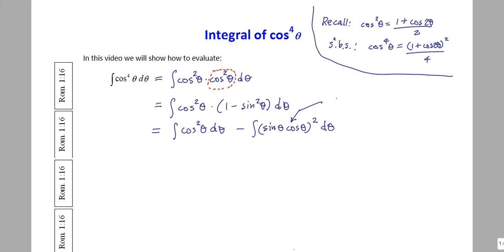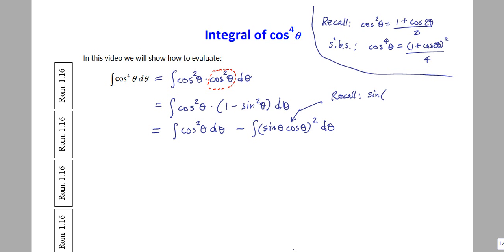Recall that I asked us to memorize the sine of the sum formula on the angle. So sine of a plus b is sine a cos b plus sine b cos a.